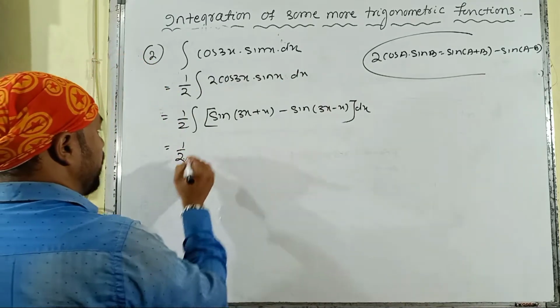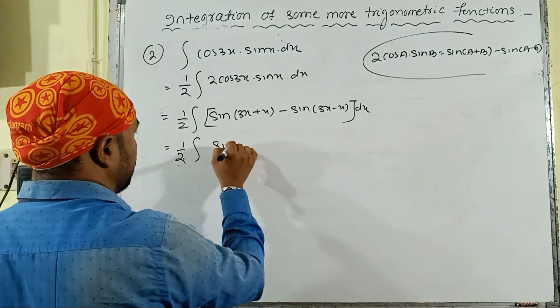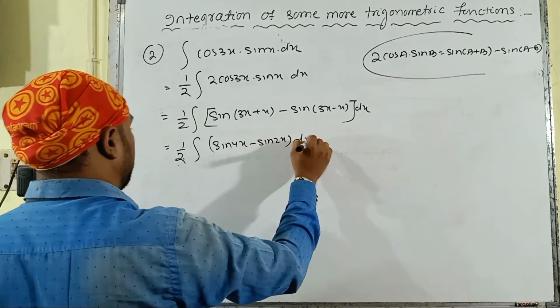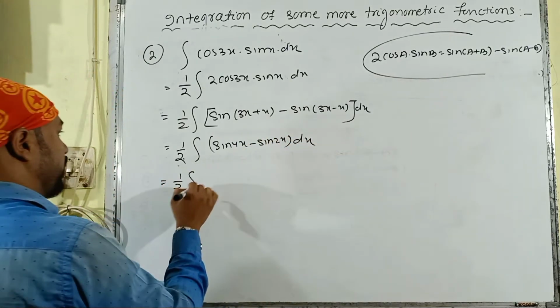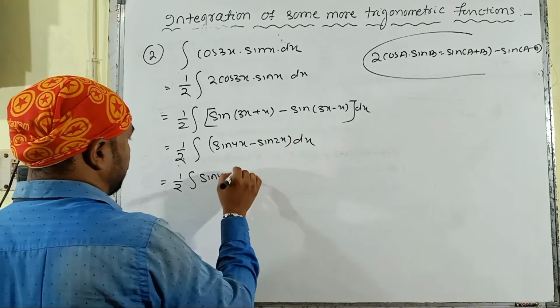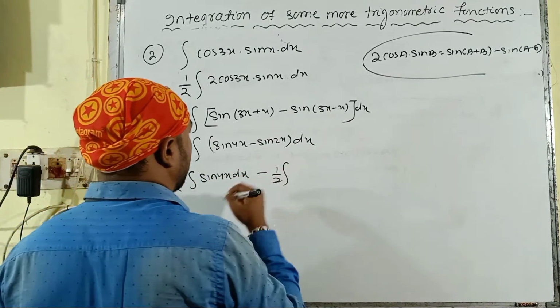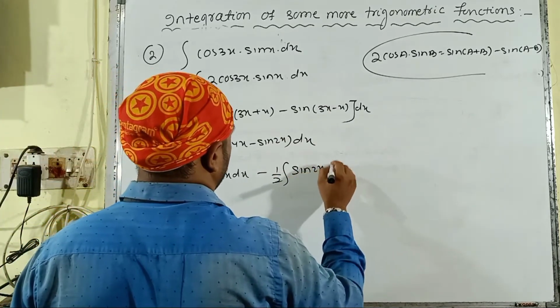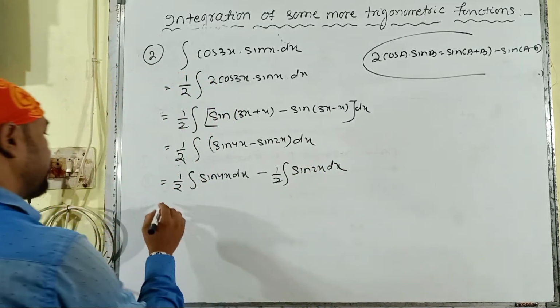So it will be 1 by 2 integral of sin 4x minus sin 2x dx. It is 1 upon 2 integral of sin 4x dx minus 1 upon 2 integral of sin 2x dx.